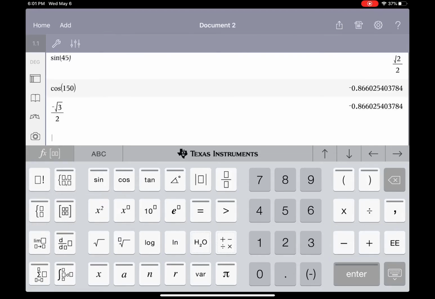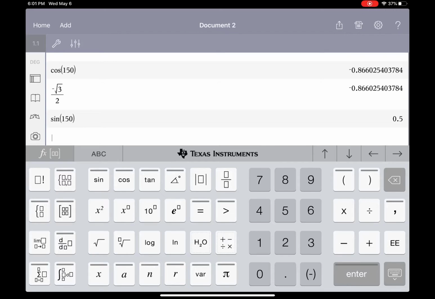Remember, those two things are exactly the same. If I put in the sine, the sine of 150 degrees, it should be positive 1/2, positive 0.5 still.